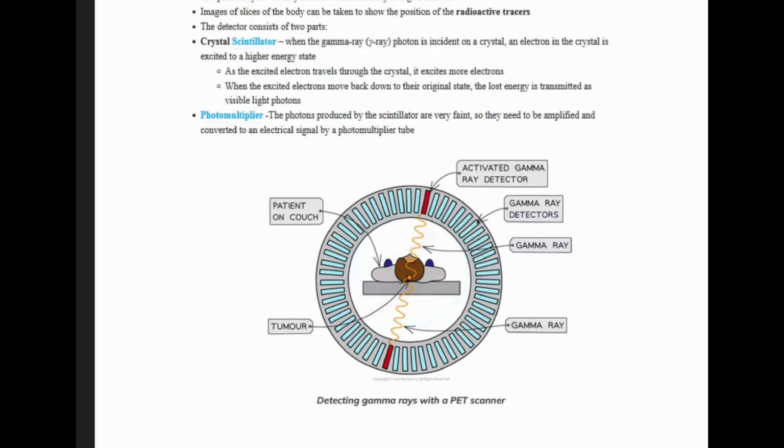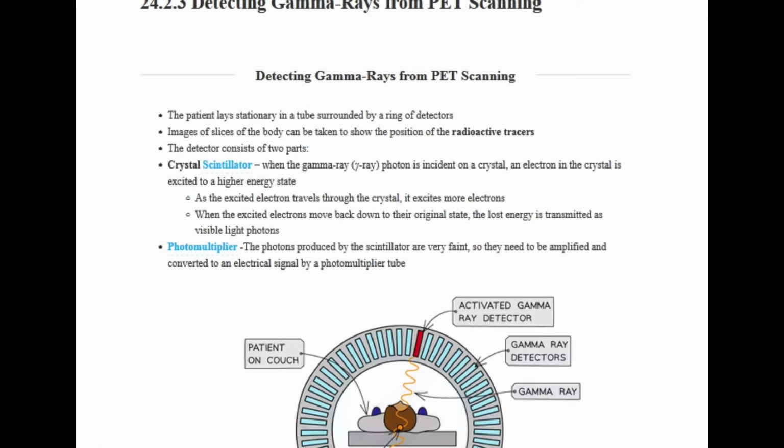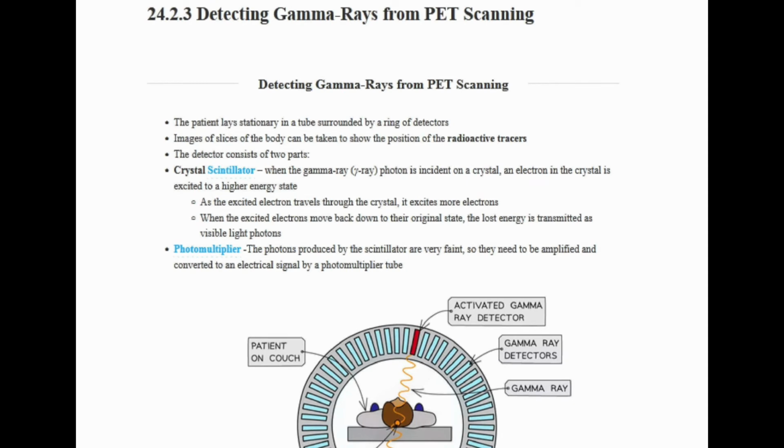Okay, now let's look at the information over here again. The detector consists of two parts: crystal and scintillator. When the gamma ray photon is incident on a crystal, an electron in the crystal is excited to a higher energy state.